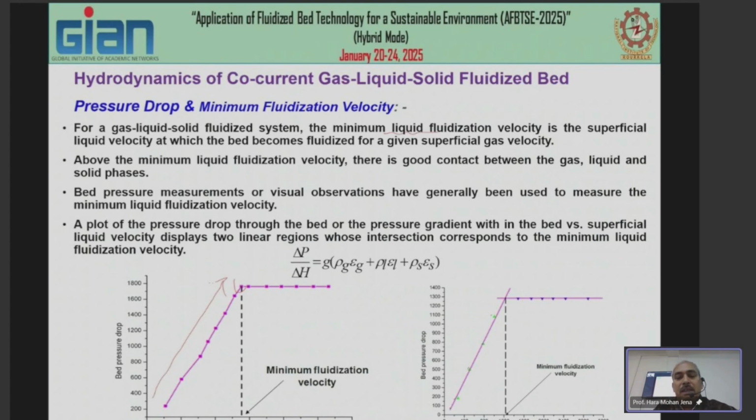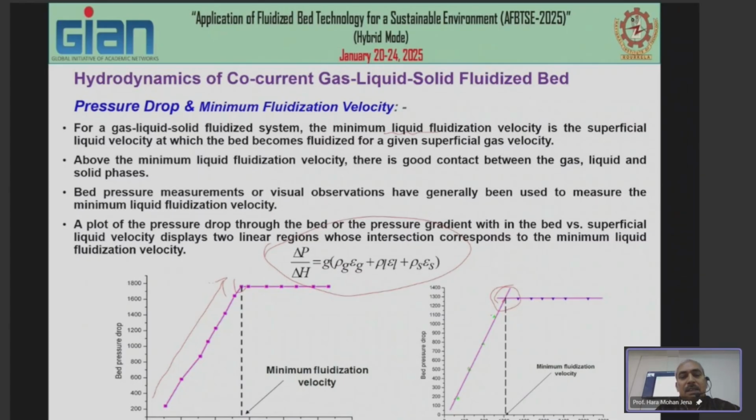So a linear line like this is there, and another horizontal line. The intersection of these is considered as the minimum fluidization velocity. And the bed pressure drop, or the pressure gradient in the bed, is given by this expression.